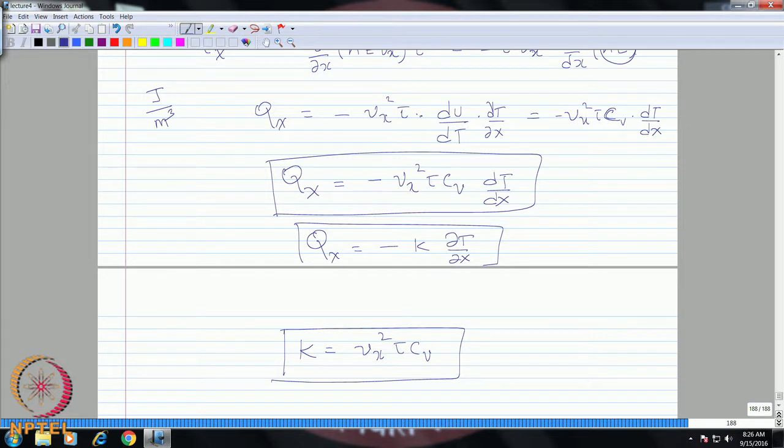If you want to rewrite this in terms of the net total velocity V, we can replace Vx square with V square by 3. Therefore, this can be written as tau C into V square by 3.